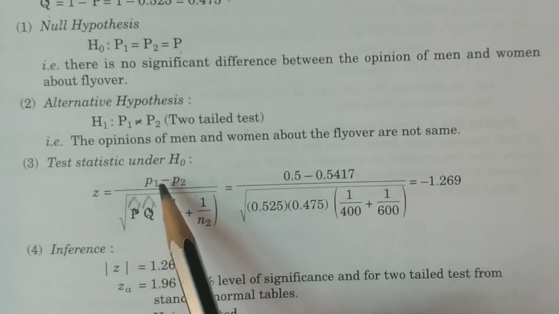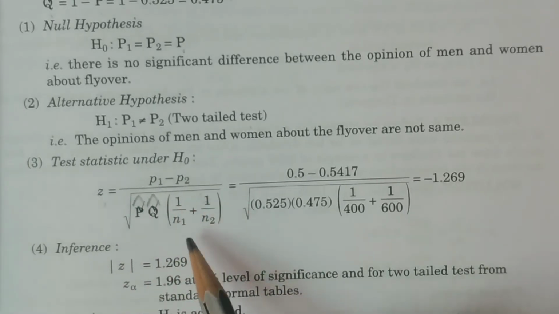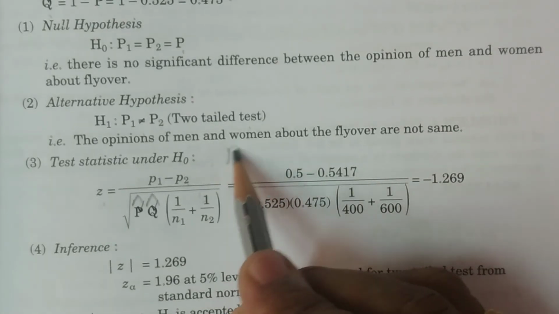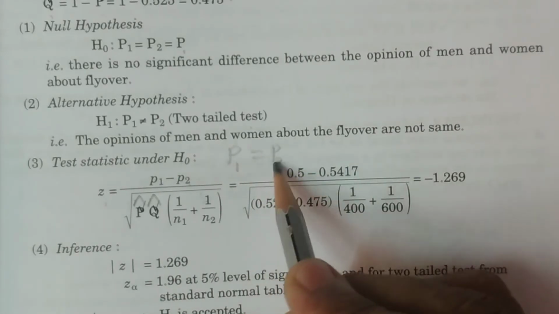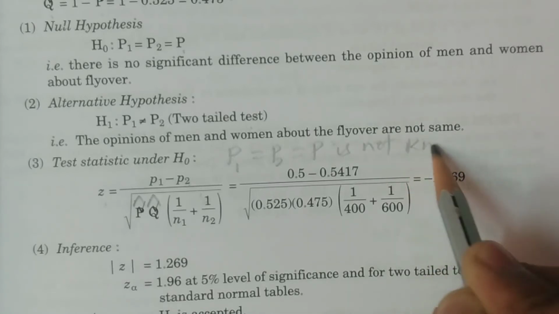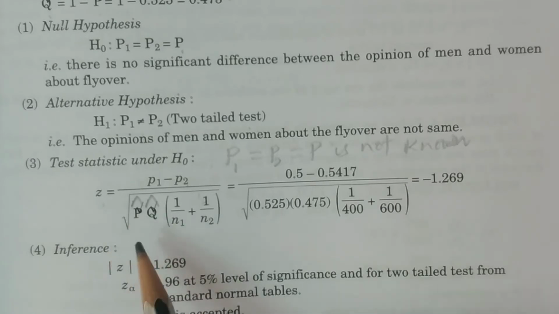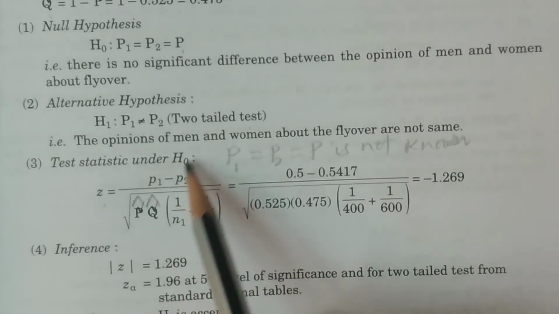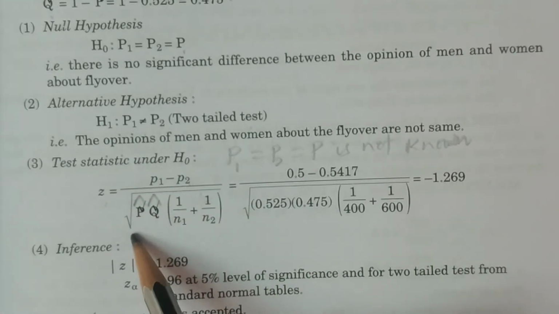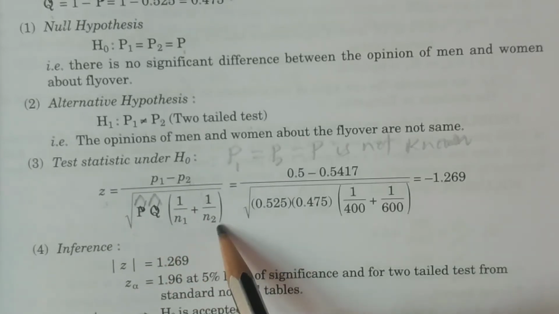Now the test statistic under H naught. The formula, this is case 2, where P1 is equal to P2 is equal to P is not known. In this case, Z is equal to small p1 minus small p2 divided by square root of P cron into Q cron into 1 by n1 plus 1 by n2.